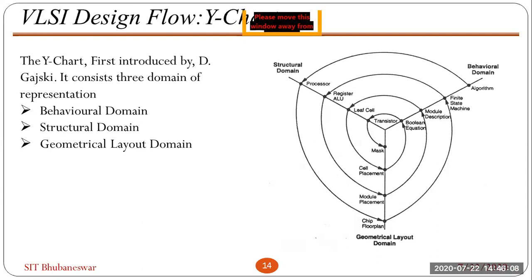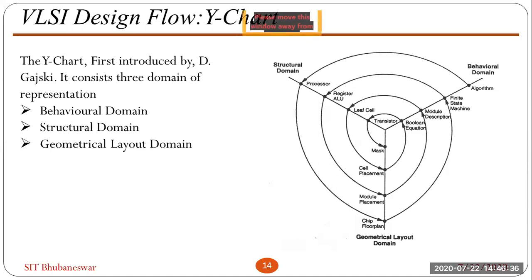Then module placement. Module placement means all the blocks and modules, that PLL or power management or RF, will be placed at the next level. And then cell placement. Cell placement means single cells, the AND gates, NOT gates, the layout of the cells, how you will place them. The next thing is the mask.